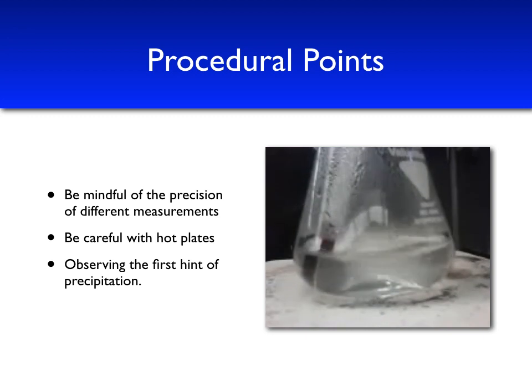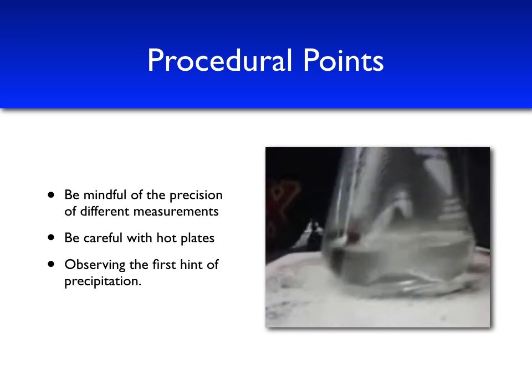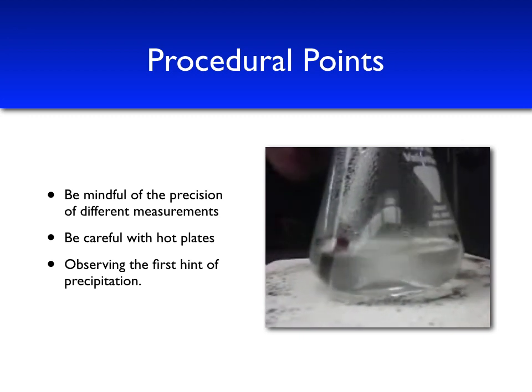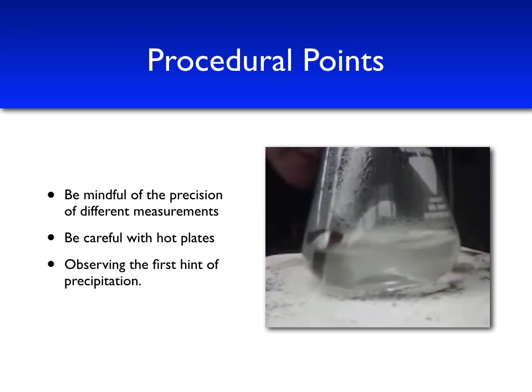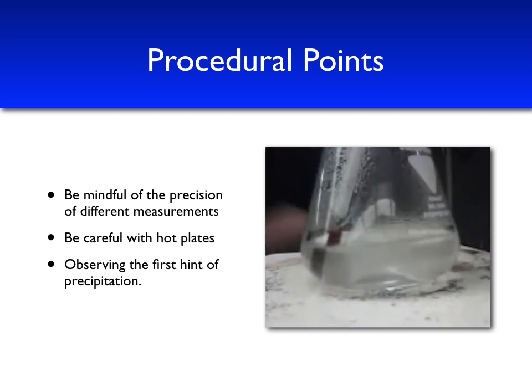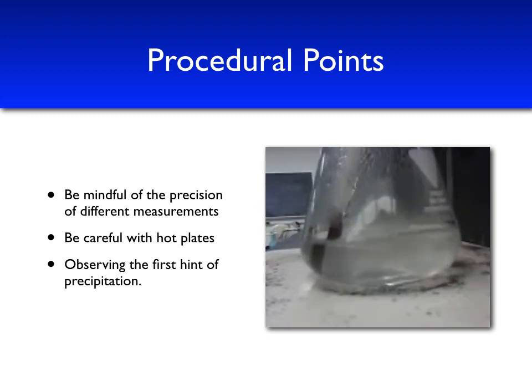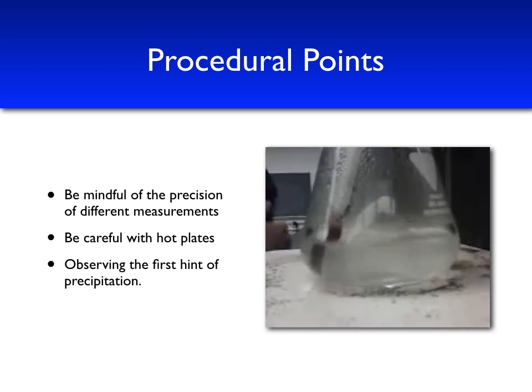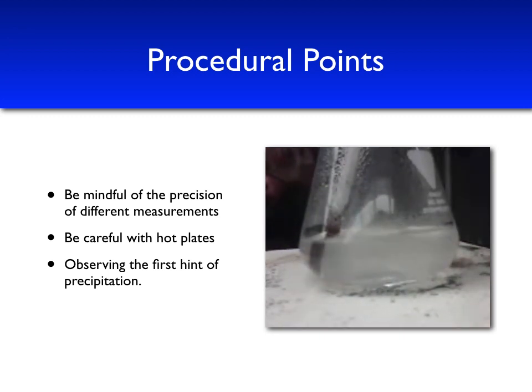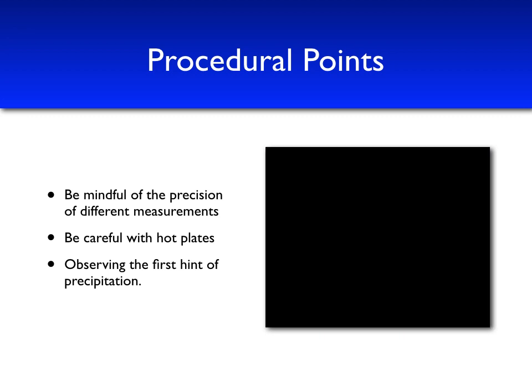This is very difficult to look for, and usually when we do this lab, one lab partner is watching the solution while the other lab partner is manning the computer. Now it is very obvious that a precipitate has formed. At this stage, it's kind of too late, which is why it's important to be very attentive to the solution.